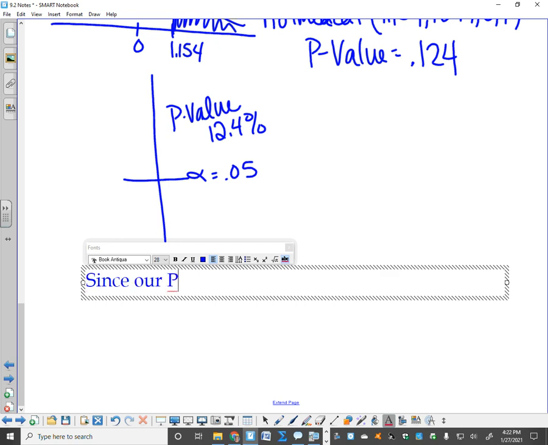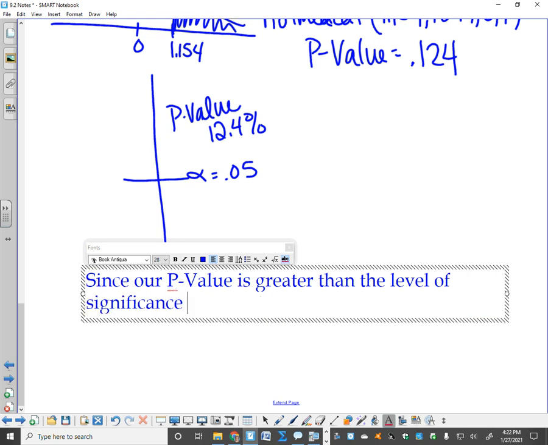Since our p-value is greater than the level of significance for this test, which is alpha, we fail to reject H sub O. Now, you can say we accept H sub O. I'm going to say we fail to reject, but accept is fine, okay?